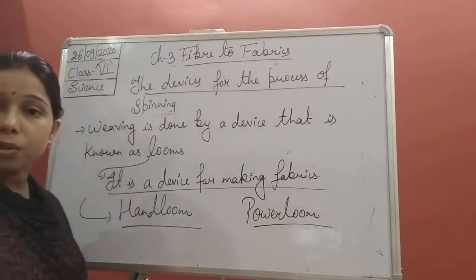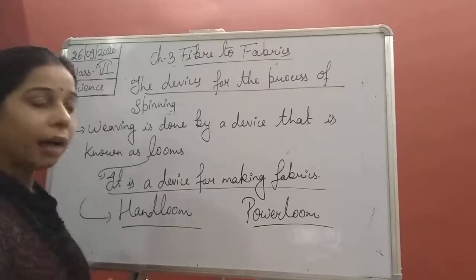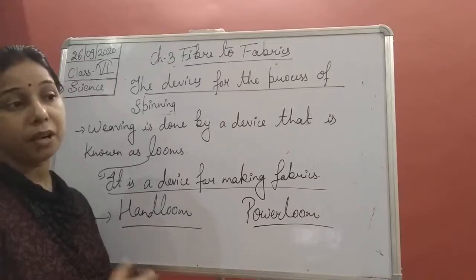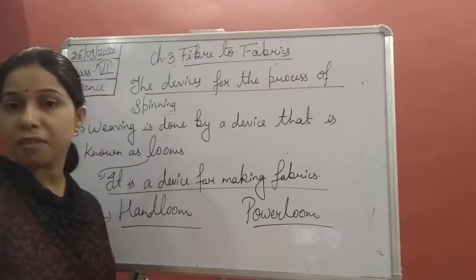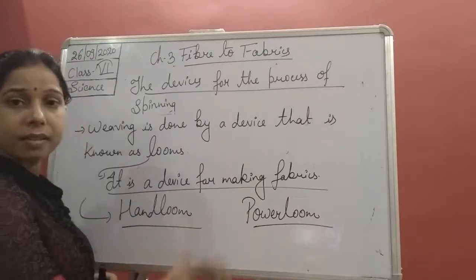Hand loom is what, student? It is a device operated with the help of the hand only. If you are doing the weaving process, if you are converting the yarns to fabric by hand, then that is known as the hand loom.